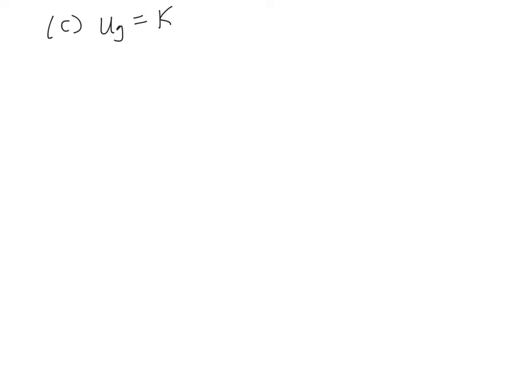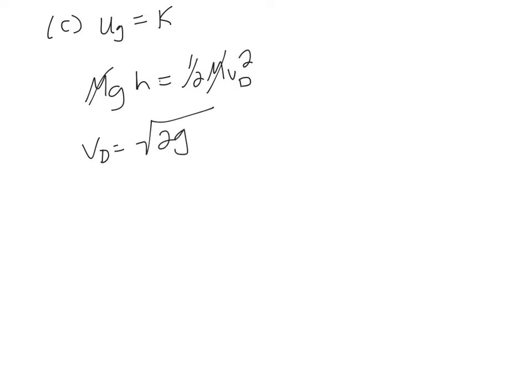So we have mgh equals 1/2 mv squared, where this is vD. Masses drop out because that remains constant. vD equals square root of 2gh.